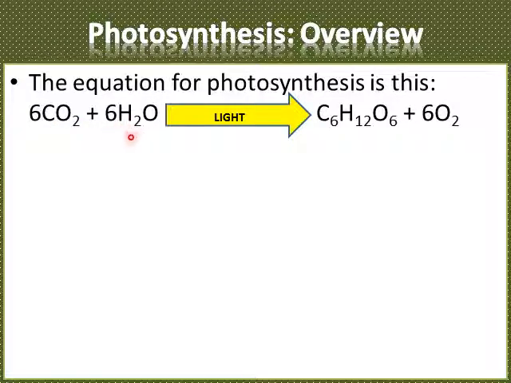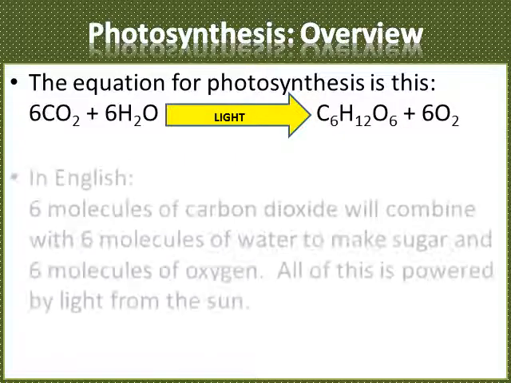So here's the equation for photosynthesis. 6CO2 plus 6H2O in the presence of light, or with the help of light, however you want to say it, gives you C6H12O6 plus 6O2. Now, what in the world does that mean?